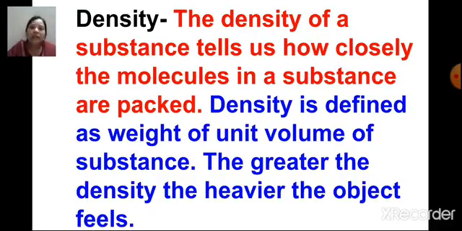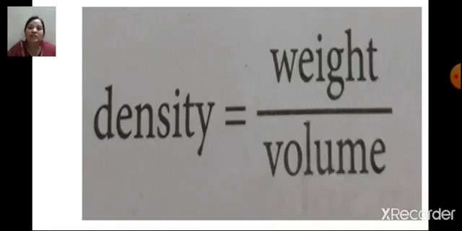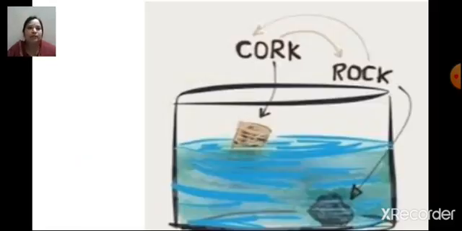Density is defined as weight of unit volume of a substance. The formula for density is equal to weight upon volume. We are going to discuss in detail in the next session. Density is equal to weight upon volume. This is the formula for density.